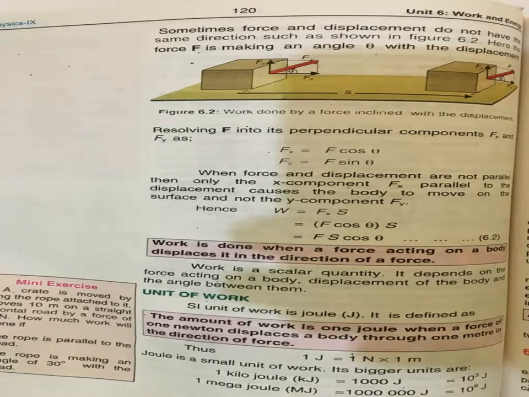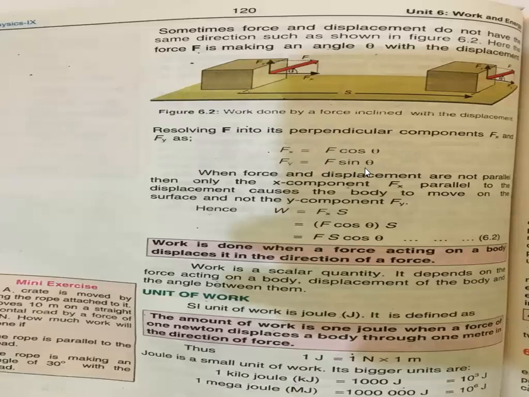One is called the horizontal component of the force, denoted with Fx, and the other is the vertical component of the force, denoted with Fy. Using the same formula as in earlier chapters, Fx is equal to F cos theta, and Fy is equal to F sine theta.